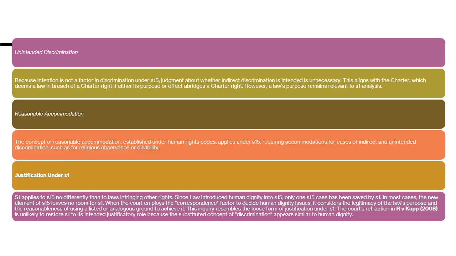So, unintended discrimination. Because intention is not a factor in discrimination under section 15, whether there was intention behind a particular law is unnecessary. If the government has enacted a law, then the court will not look into the intention.